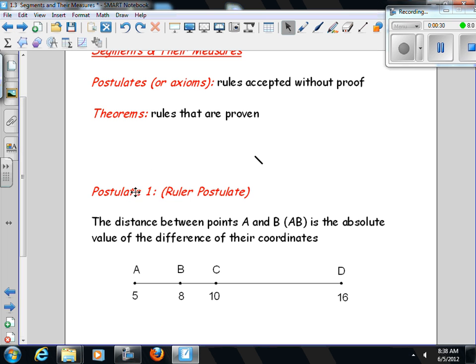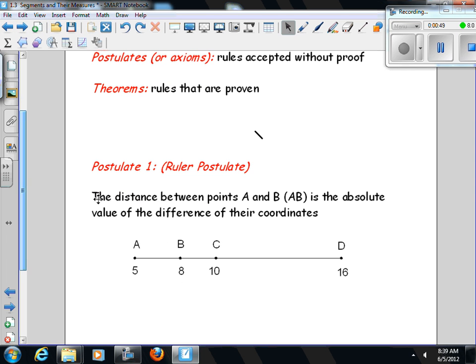Our first postulate, our first idea that is accepted without proof, is the ruler postulate. This says that the distance between points A and B, and here we have an illustration, is the absolute value of the difference of their coordinates.